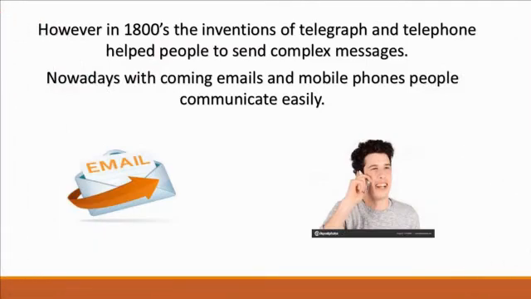However, in the 80s, the invention of telegraphs and telephones helped people to send very complex messages. Nowadays, with the coming of emails and mobile phones, people communicate very, very easily.